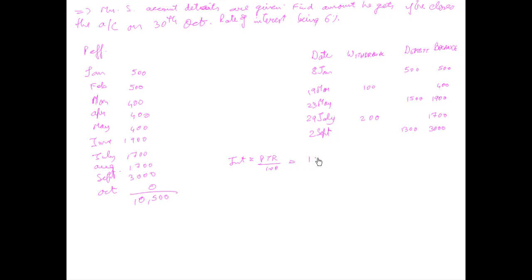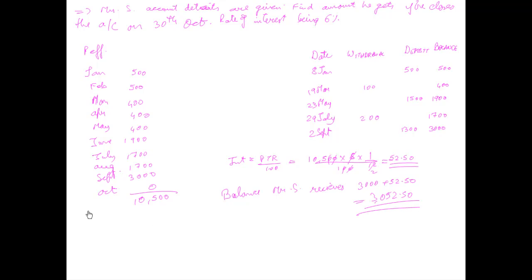That's principal effective 10,500 into rate into time upon 100. This cancels, this cancels with this to give us 52 rupees 50 paise, which is the interest. So the balance Mr. S receives is the amount that he has in the bank plus the interest. That would give us a total of 3052 rupees 50 paise, children.